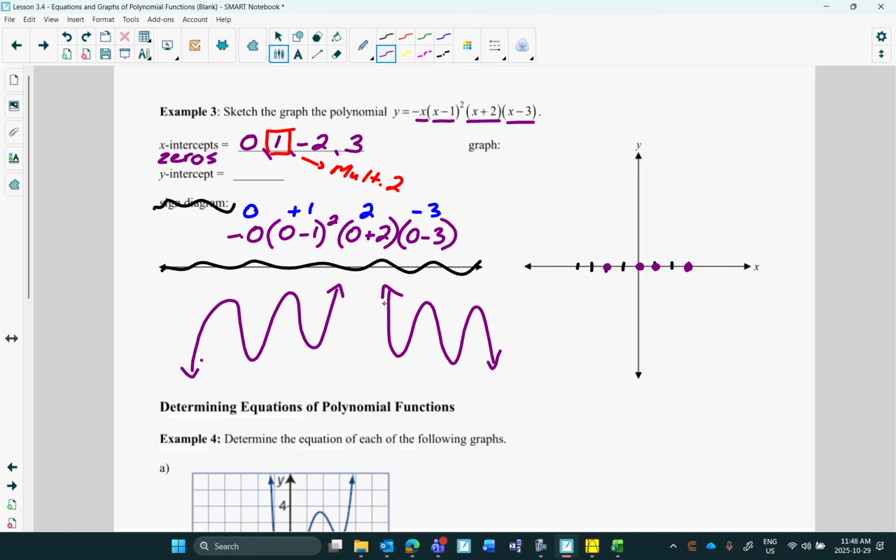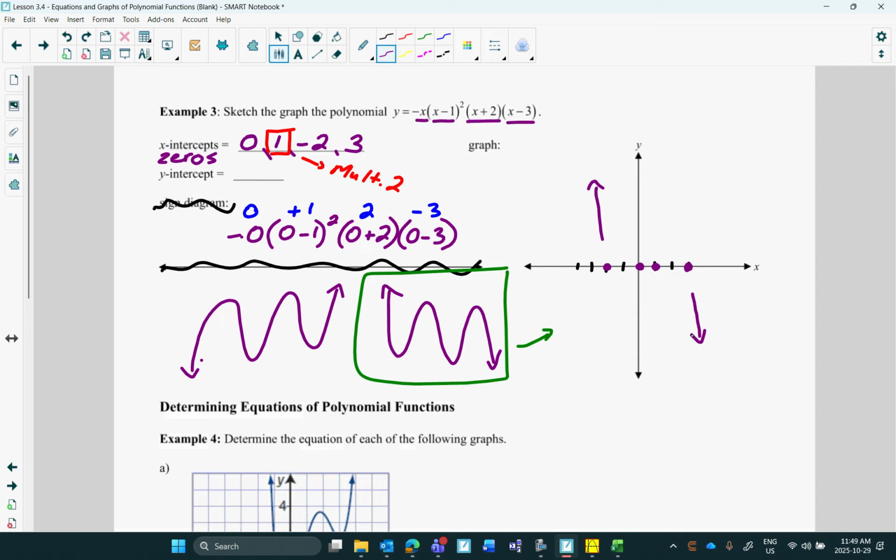So I've got to take this and have it run through those 4 points. Here's how I do it. Like, first of all, I look at the ends. I know that on the left side, it has to go up like this. I know that on the right side, it has to go down like that.